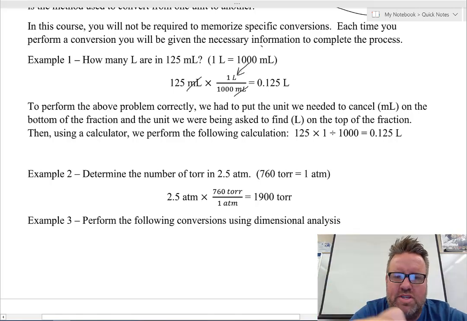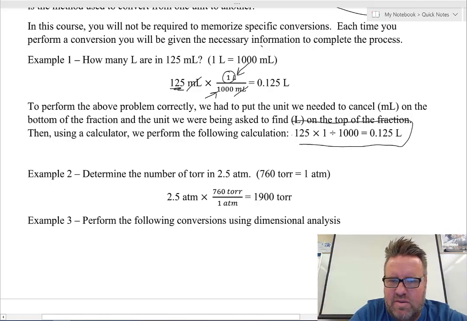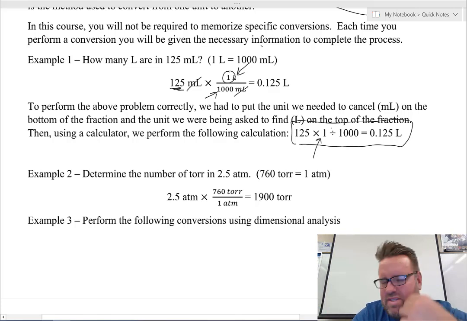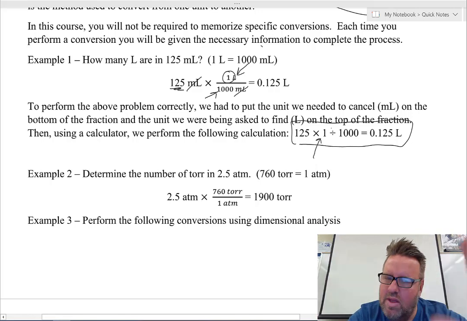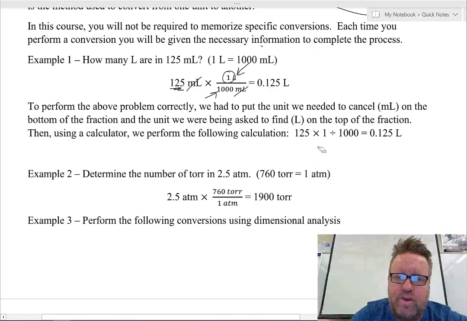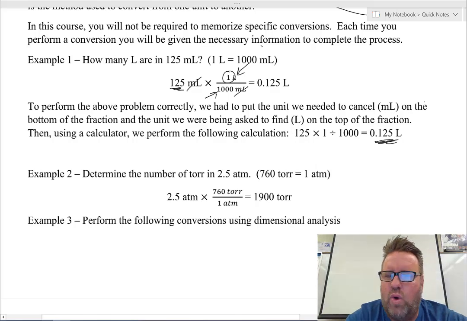So when we put this into the calculator, we're going to take the number 125, multiply by the 1 that's on the top, and because that 1,000 is on the bottom, divide by 1,000. And yes, I know you don't have to actually multiply by 1 because it's the same number, but just to show you the full steps, that's what you would do. And then you get an answer of 0.125 liters.